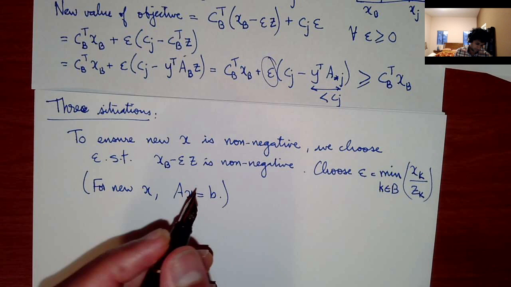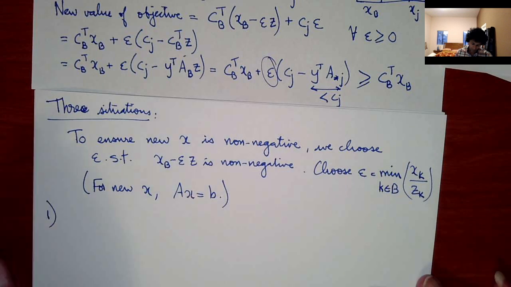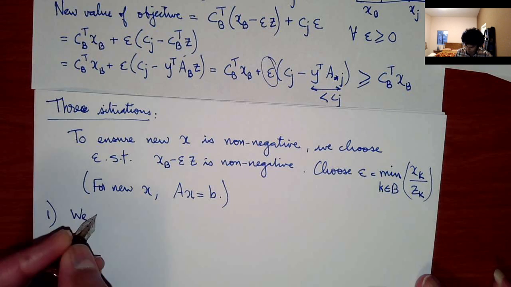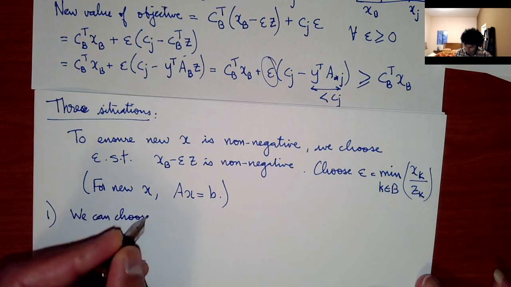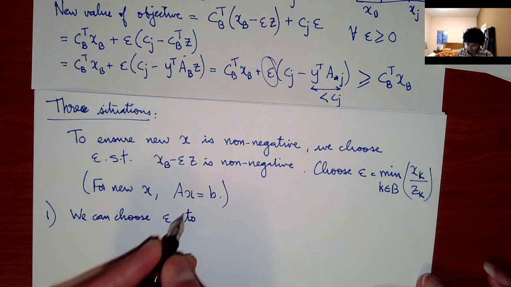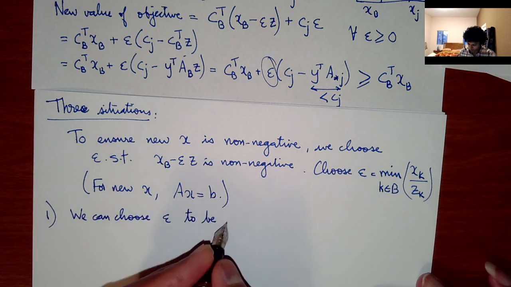Now here are three situations. Situation one is that we can choose epsilon to be arbitrarily large.